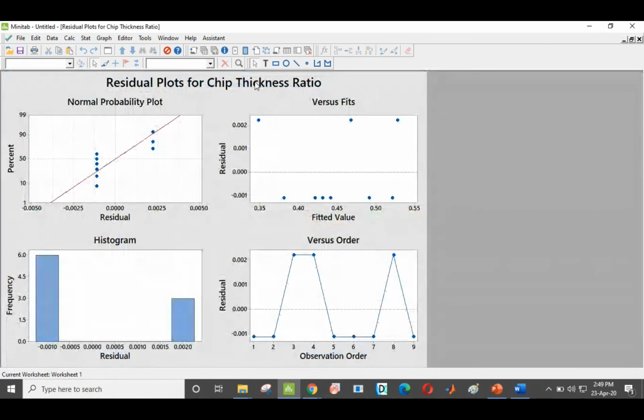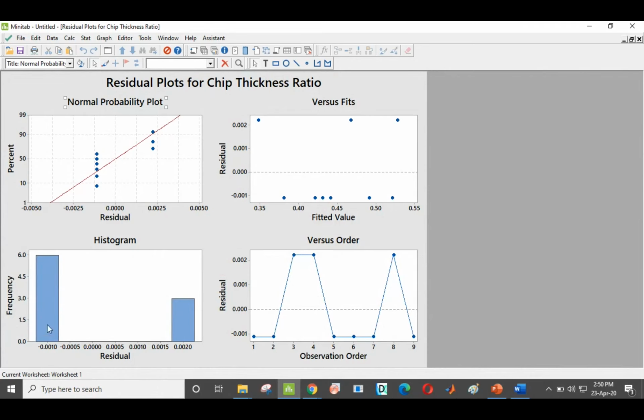So here, the probability plot. In the previous case, we have seen that the normal probability plot should follow a normal distribution, but here the normal distribution is not followed. And also in the residual versus fits, it is randomly distributed and lies on the extreme ends, that is on the lower control limit and also on the upper control limit.